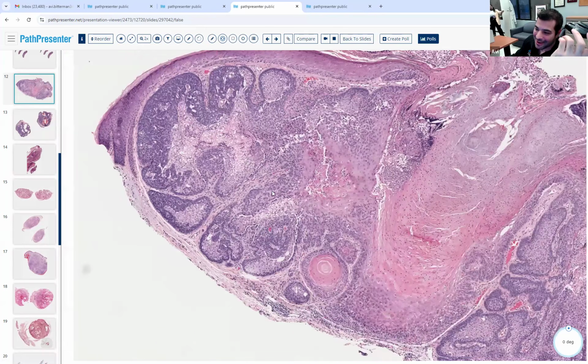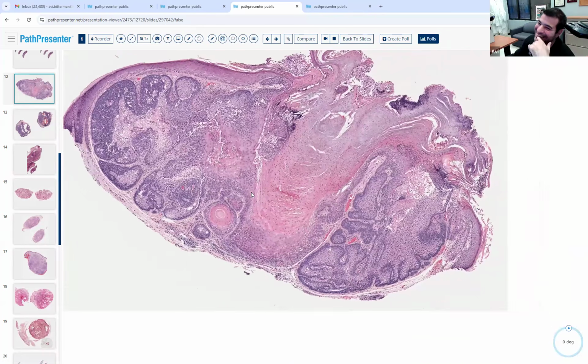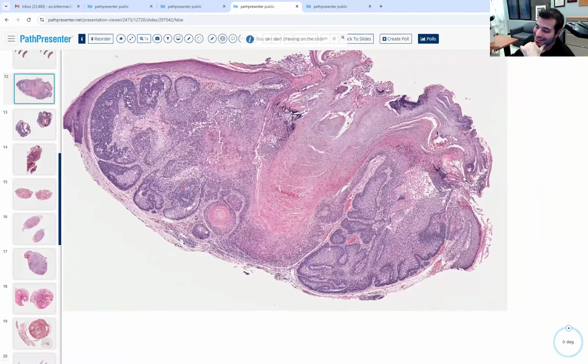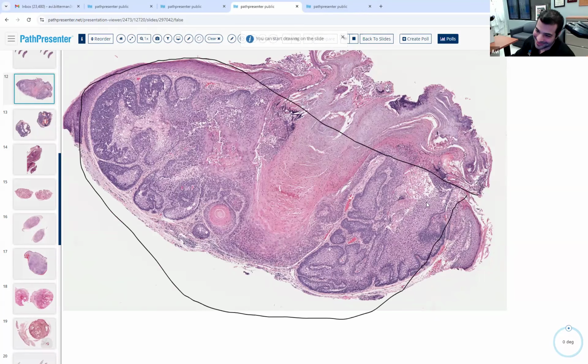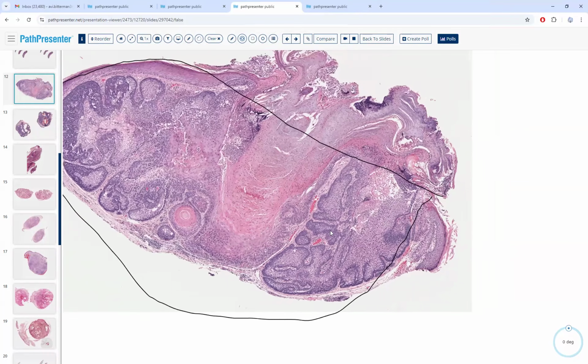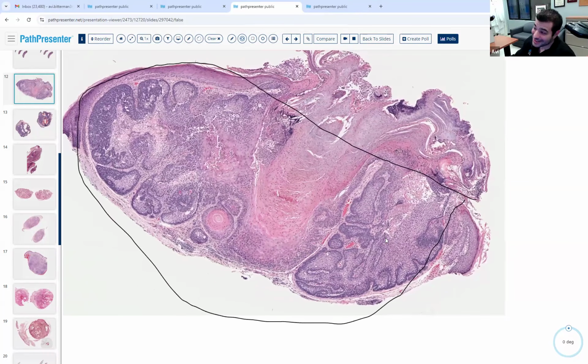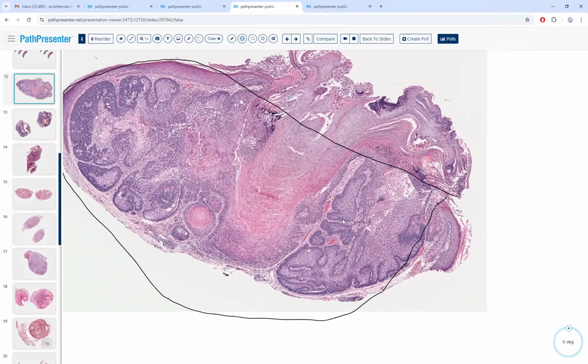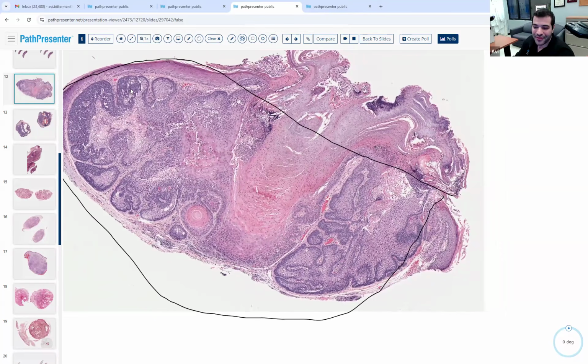Sebaceoma or sebaceous epithelioma. Now, I'm doing this because they will ask you to differentiate this on the exam. Take the whole lesion together as one. What are we calling it? Sebaceoma or sebaceous adenoma? It's one of those two. Let's say both of those options are on the test.